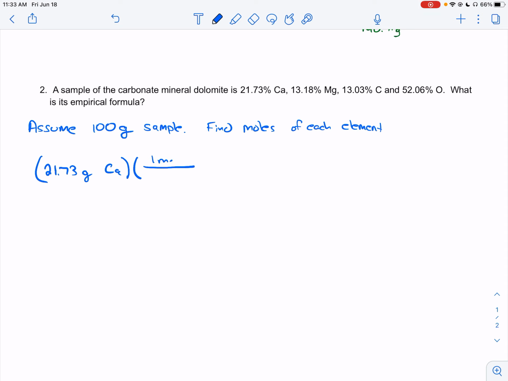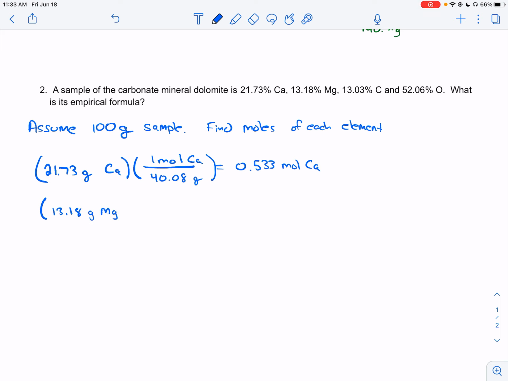It's the reverse process we did before. So look up the molar mass of calcium, 40.08 grams, and I get 0.533 moles of calcium. So I'm just going to go ahead and do this for each.